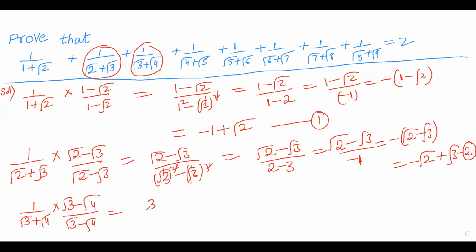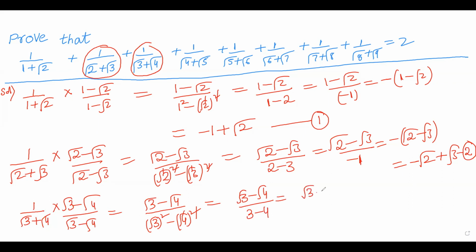Multiply root 3 square minus root 4 square. The square and root will get cancelled.